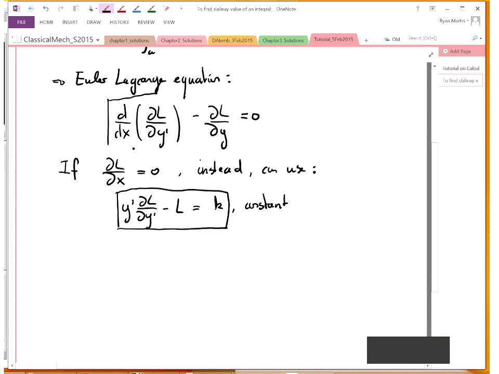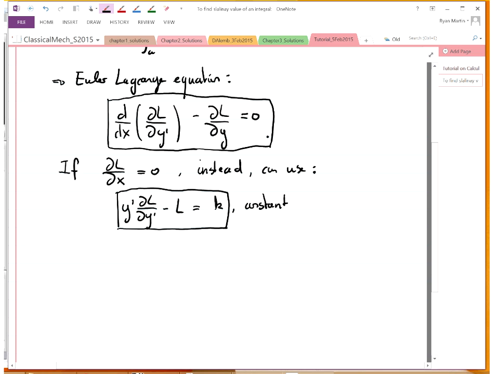More simple because you don't have to do that d by dx at the front. You can see how the d by dx at the front of the Euler-Lagrange equation is likely to give you y double primes. Because if L depends on y prime, when you do partial L by partial y prime, you're going to end up with y prime, and you have to do d by dx of that, and you're going to end up with y double prime.